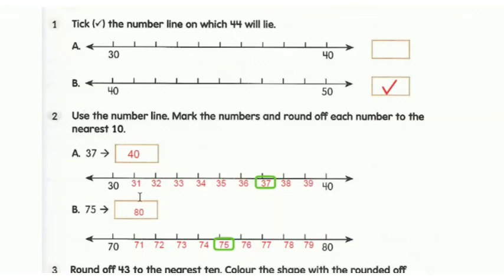Now mark the given number 37. 37 is nearer to 40. Numbers 5 and above are nearer to the bigger 10.